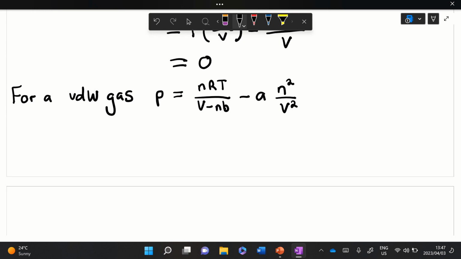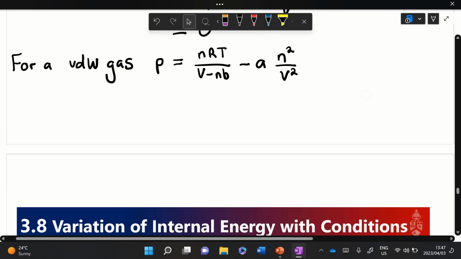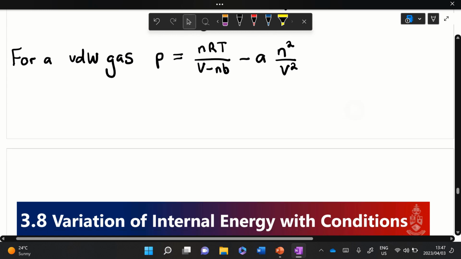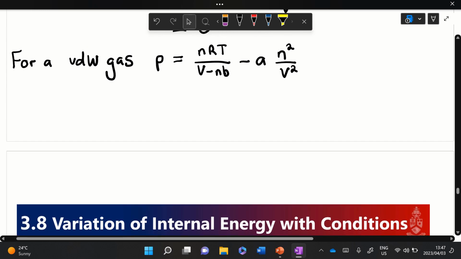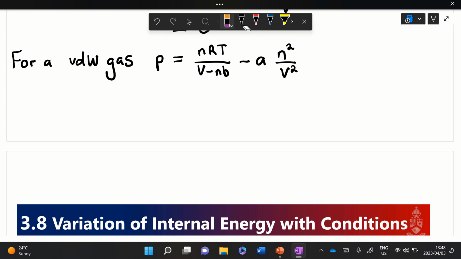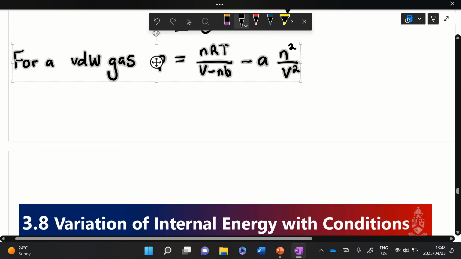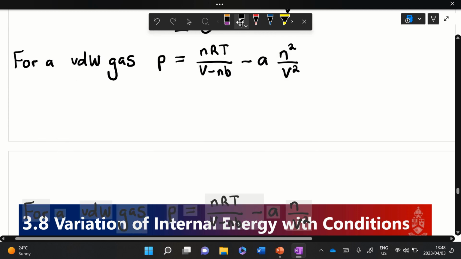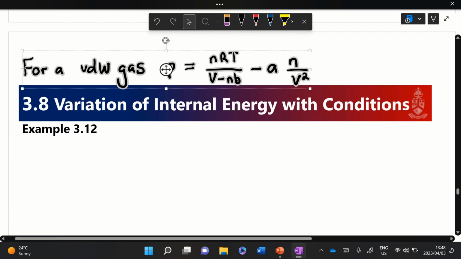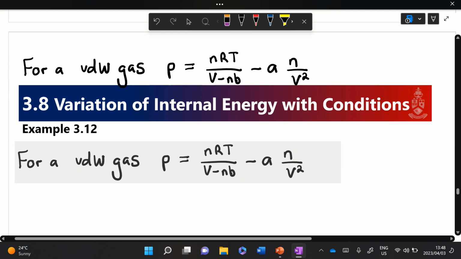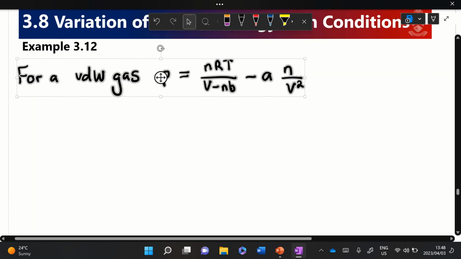Because a and b are just constants, we can ignore them, but okay, let's plug these things in. Maybe I should go to a new page. Okay.